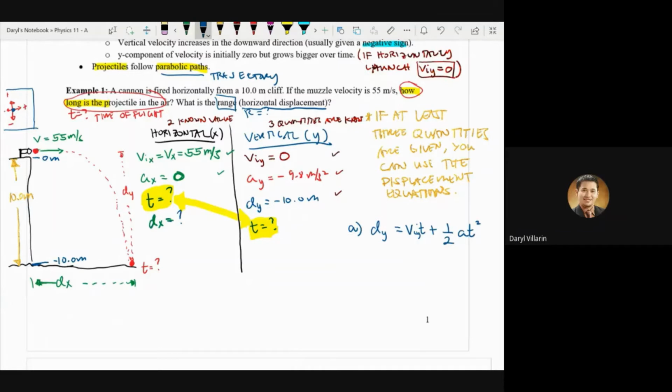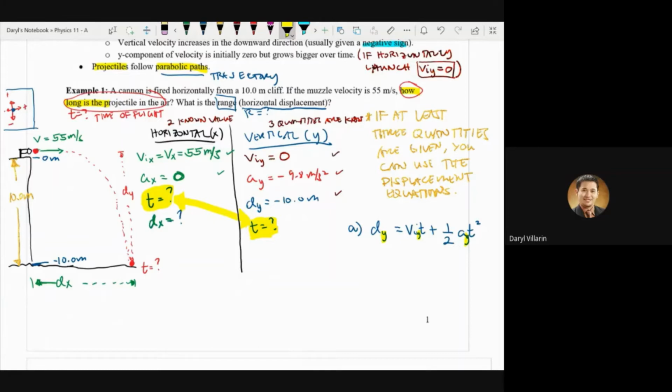So don't forget to use the subscript there, and the ay also, just for you to be guided. I use a different subscript, and that is all along y, the vertical motion.